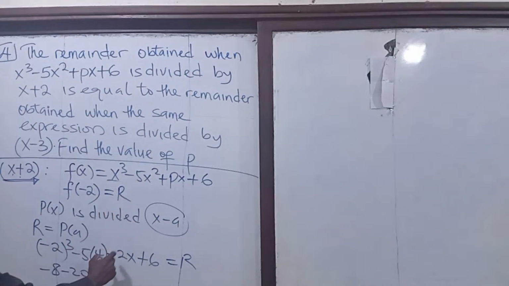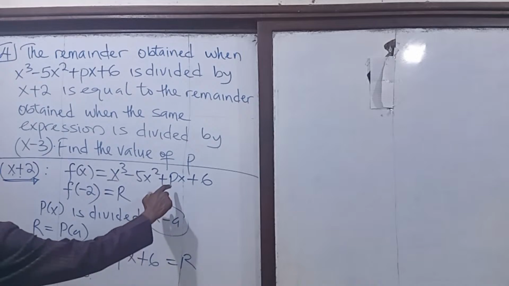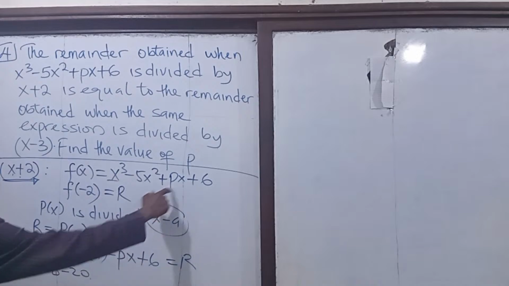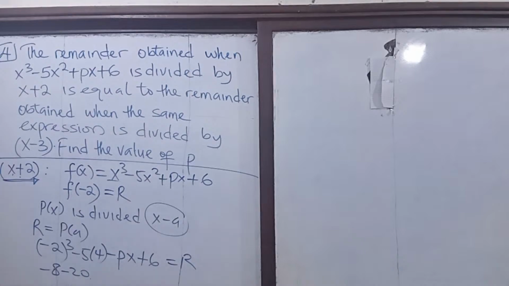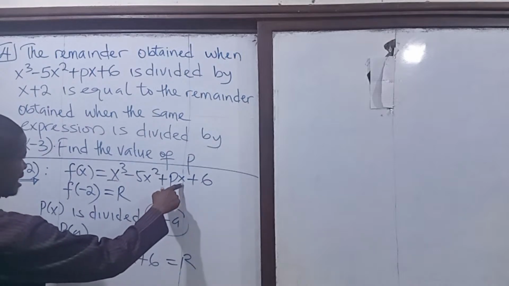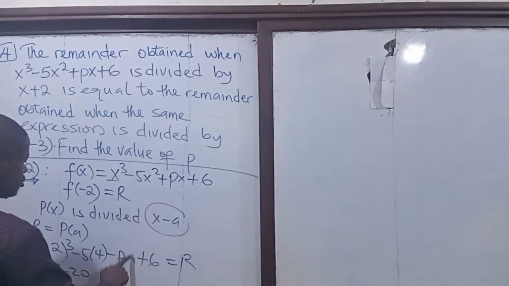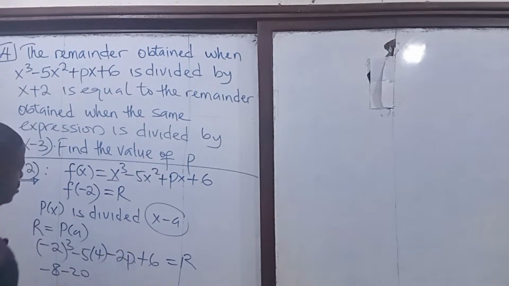I keep writing 2 here, but this is px, so that's p times minus 2, which is minus 2p.